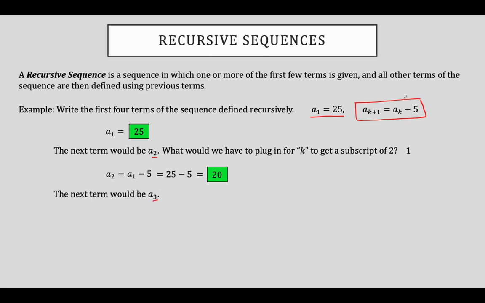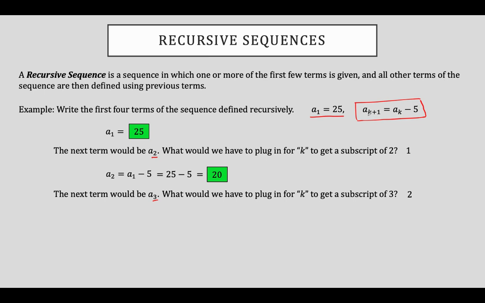The next term after a2 would be a subscript 3. Again, here is the equation that defines each of the terms in our sequence. To get a subscript of 3, we would have to plug in 2 for k, because 2 plus 1 gives me a sub 3.